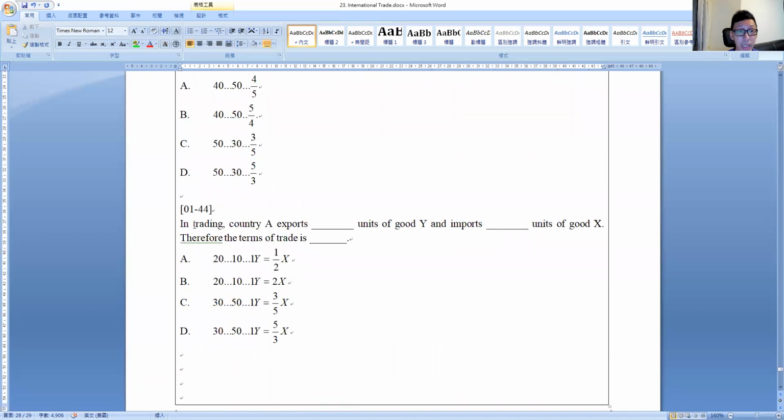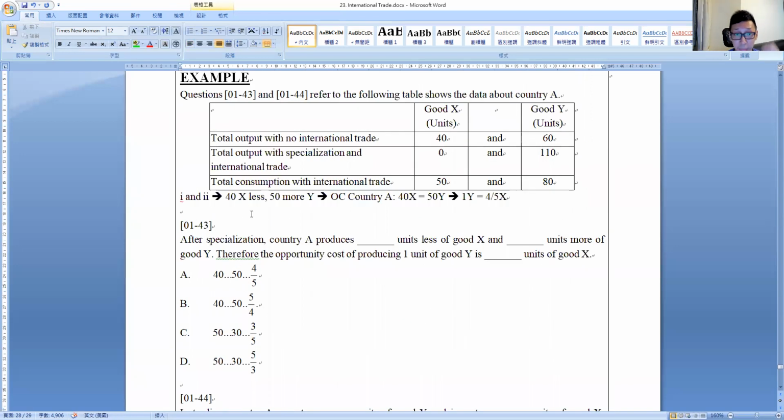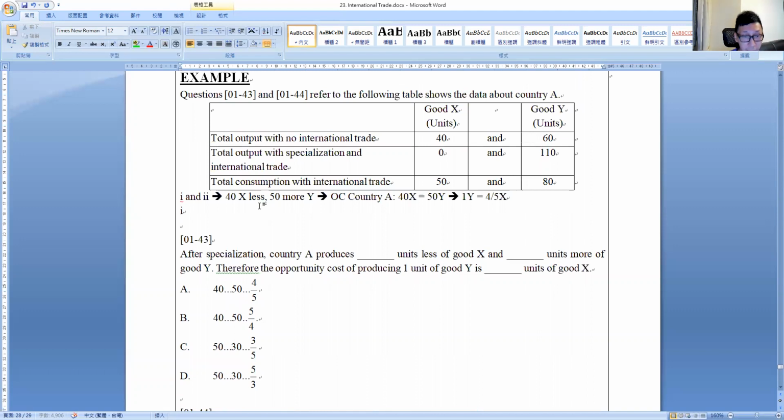The next question, in trading, country A exports something and imports something. Therefore, the terms of trade, we look at 2 and 3. In 2, specialization, originally they had no X, but how come later on they have 50 units of X to consume? They didn't produce it, so why 50 X? It must mean you have imported 50X. And why is Y less?